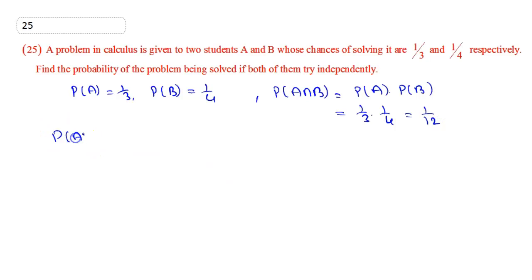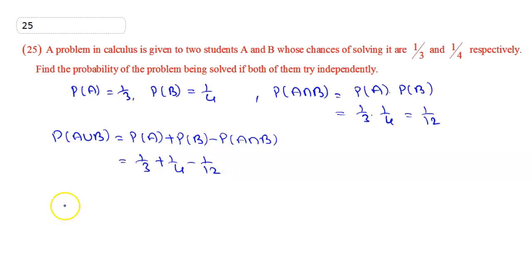So here P of A union B is equal to P of A plus P of B minus P of A intersection B, that is equal to 1 by 3 plus 1 by 4 minus 1 by 12. So LCM is 12. Here 4 plus 3 minus 1. 4 plus 3 is 7. 7 minus 1 is 6. 6 by 12. That is equal to 1 by 2. This is the answer for this question.